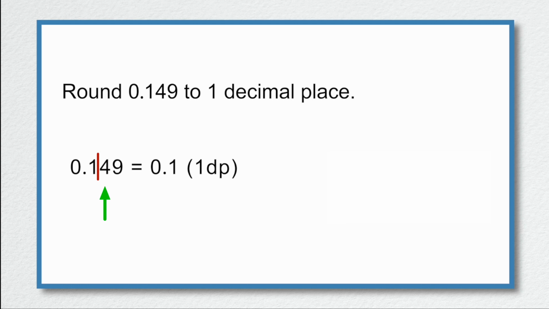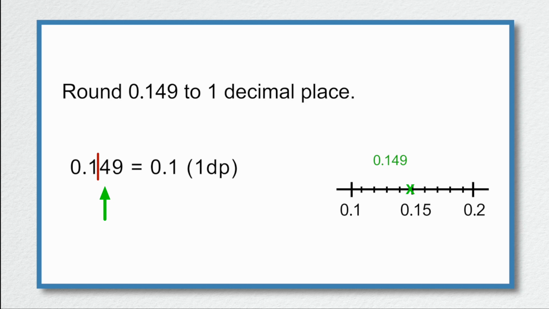And if we were looking at this on a number line, well, there's a 0.1, there's a 0.2, there's the halfway point, which is 0.15, and this is where 0.149 would be on the number line, and therefore we round down. And of course you know this because we were looking at this just a minute ago.